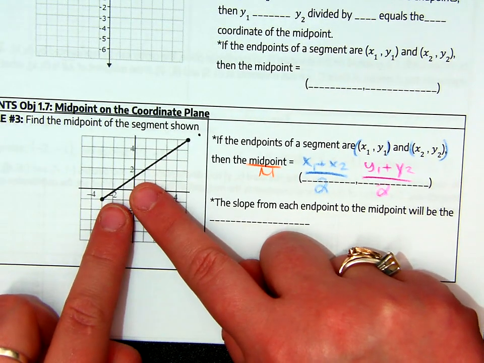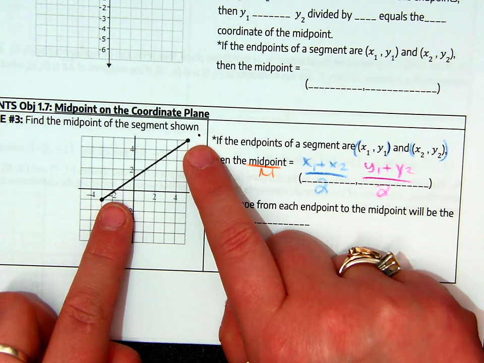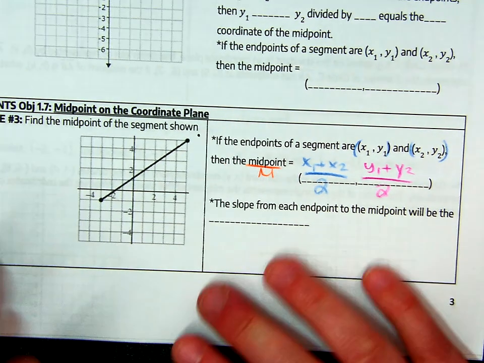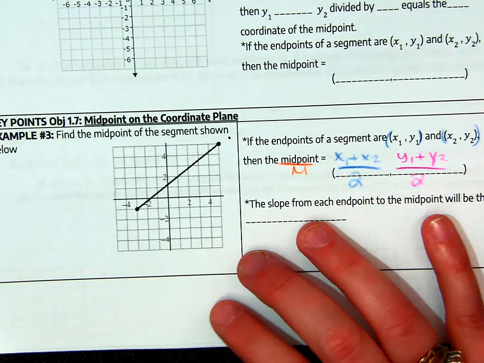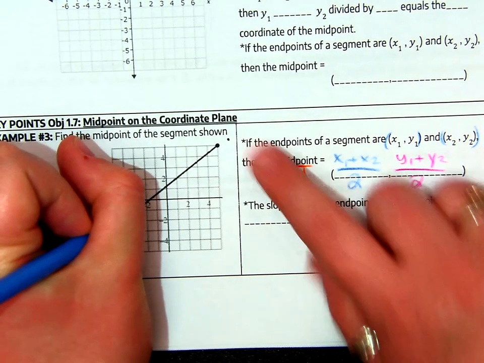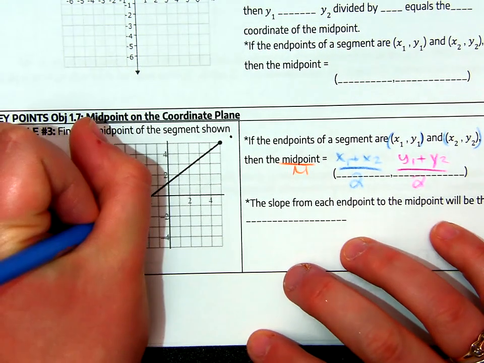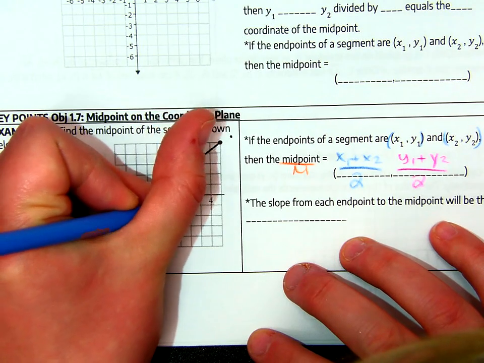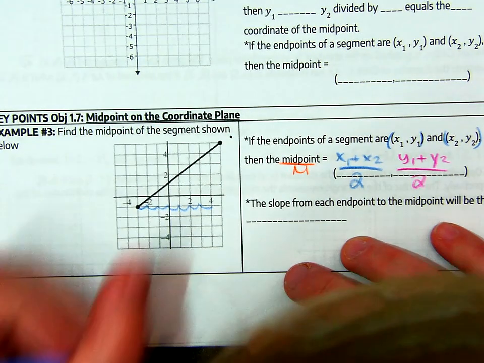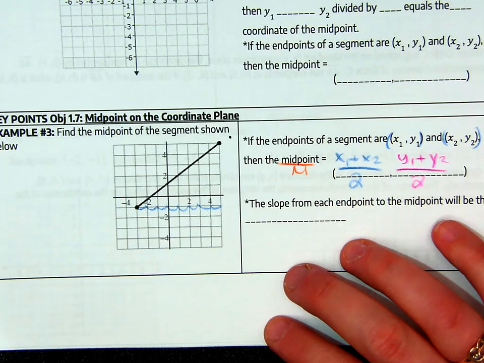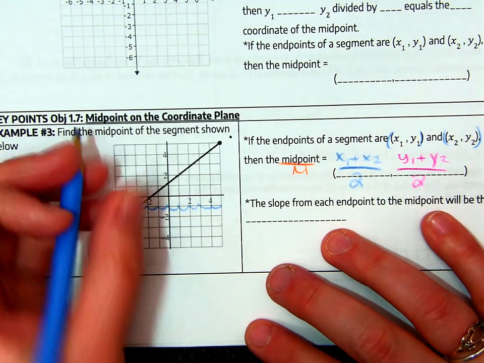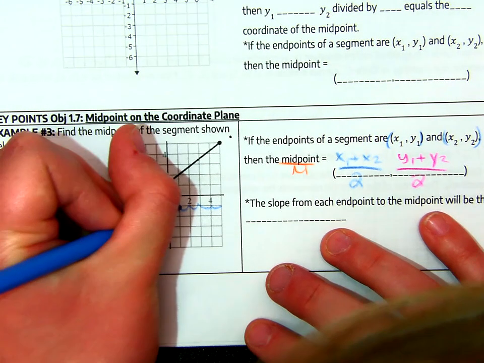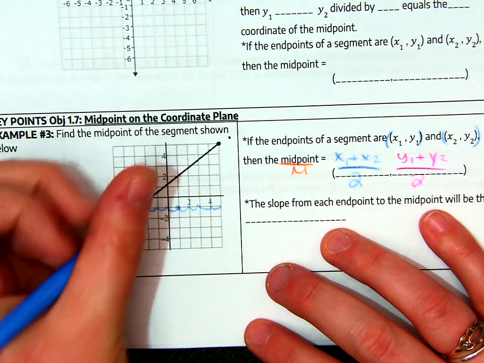So if I'm finding the midpoint from the segment shown, what's the distance from here to here on the x-axis? It's 1, 2, 3, 4, 5, 6, 7, 8, right? So half of that, 1, 2, 3, 4, is going to be like here, okay?